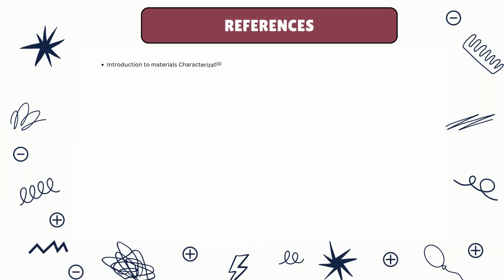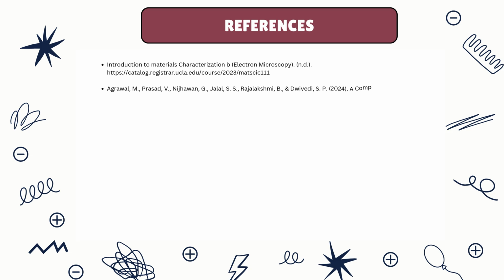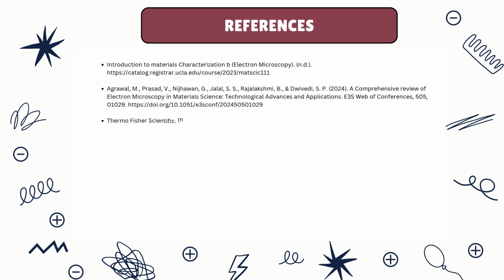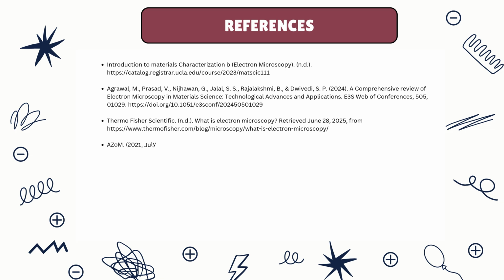These are the references we used throughout our presentation on material characterization using the electron microscope. Each reference plays a crucial role in shaping the content, depth, and accuracy of our research. We make sure to gather information from a wide range of reliable sources, including academic journals, corporate websites, online scientific databases, and educational institutions.